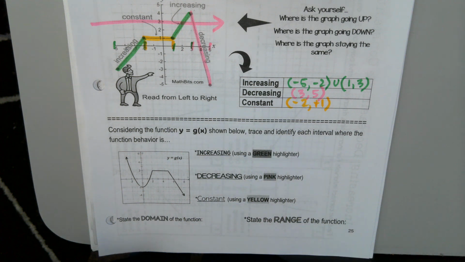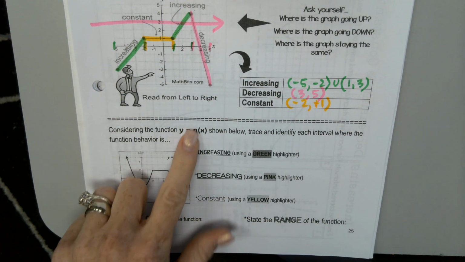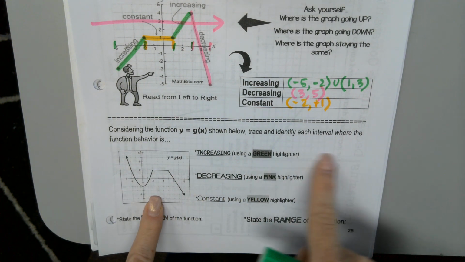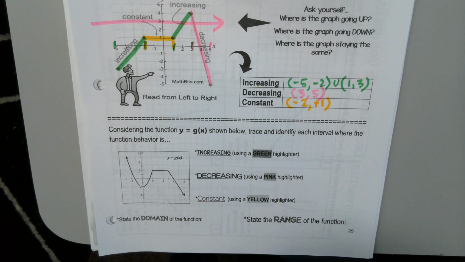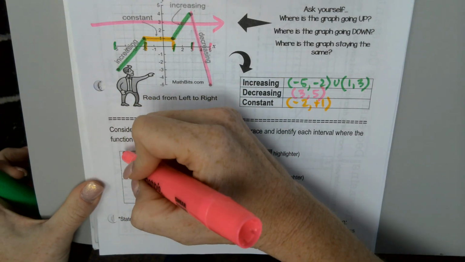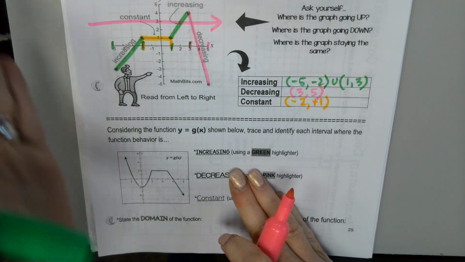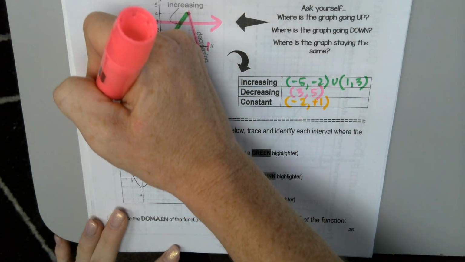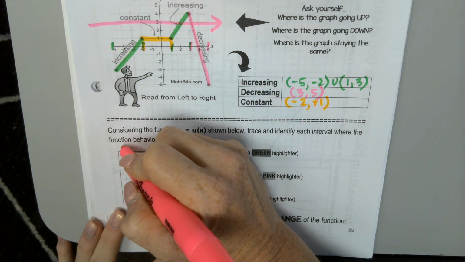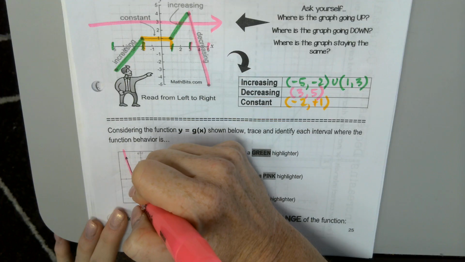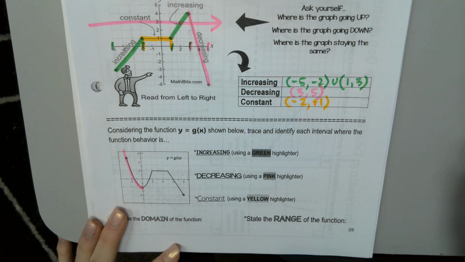Now I am asked to consider this function right here, and I'm asked to trace and identify my intervals. If I'm reading my graph from left to right, I'm starting over here at the left. This arrow right here means that it keeps going that way. So if I'm tracing, I know that this graph is falling from left to right.